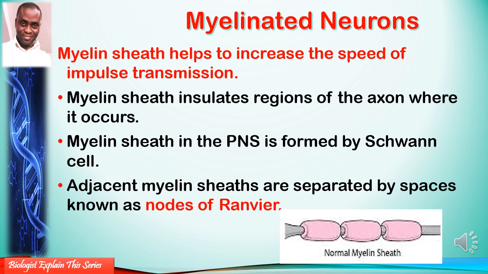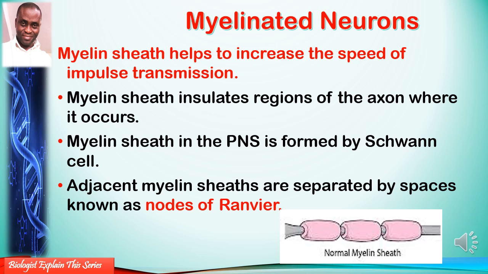And so if you look at the scenario now, you have several myelin sheaths along the length of a neuron. You can have as many as 250 to 300 myelin sheaths along the length of a neuron. So a sheath is not an entire wrap. It's a series of individual sheaths formed by individual Schwann cells.